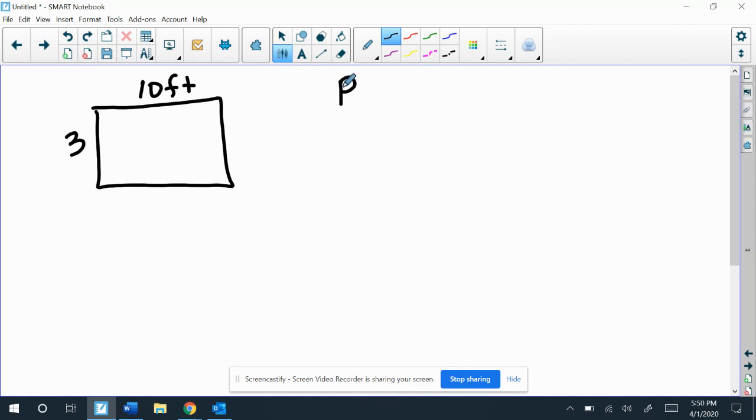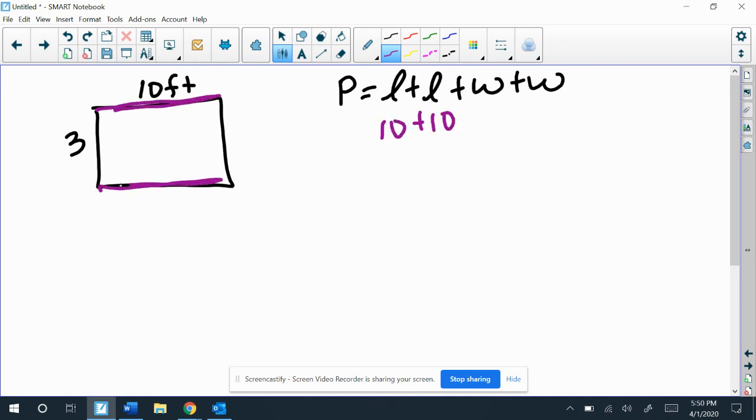Perimeter first, I know that my equation is length plus width and width. So my length is up here, 10 plus 10, because it's also down here. And my width is 3 and 3. 10 plus 10 is 20. 3 plus 3 is 6.